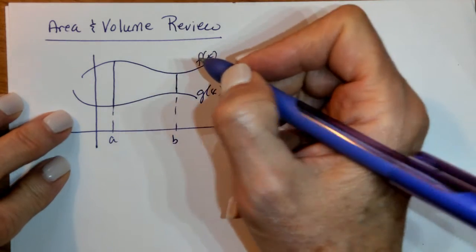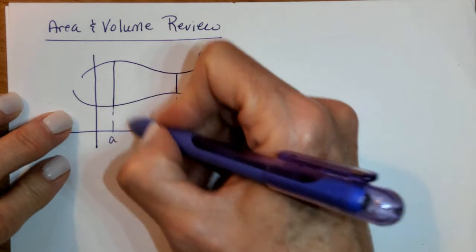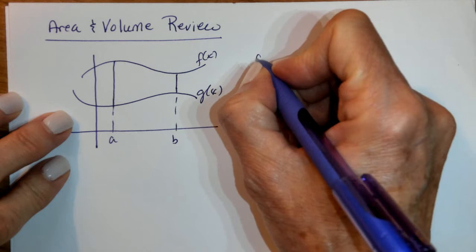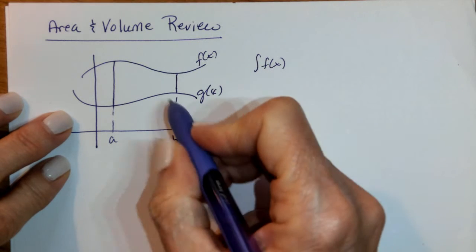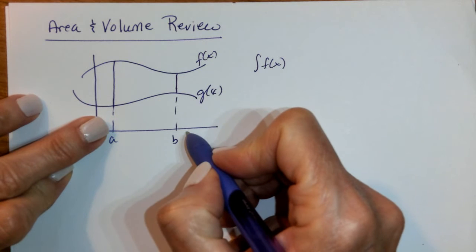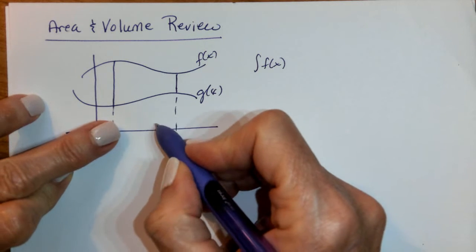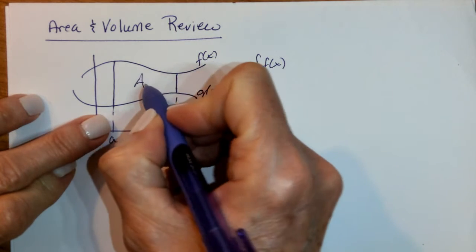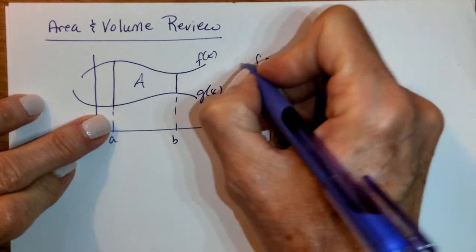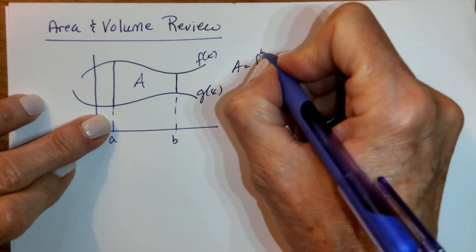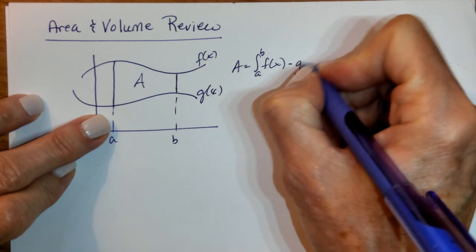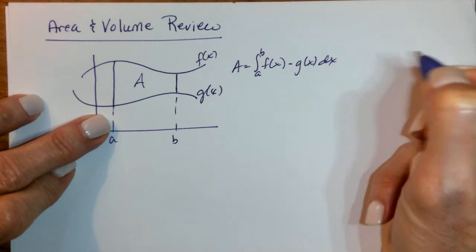We know that the integral of f of x gives the area under f of x. We know the integral of g of x gives the area under g of x. If we want the area between them, then the area is the integral from a to b of f of x minus g of x dx.